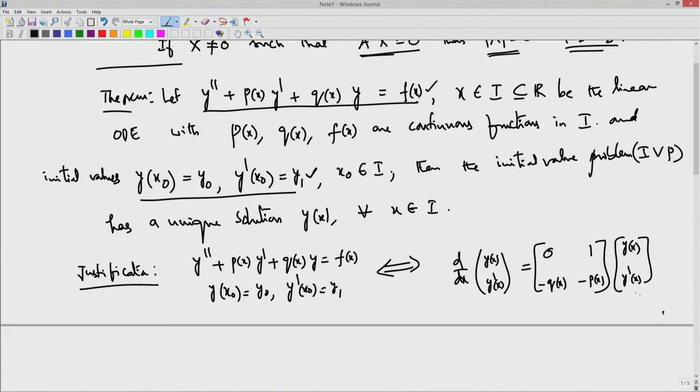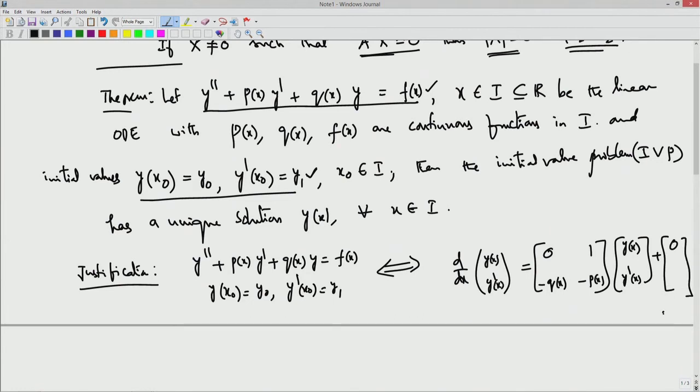If you actually do this multiplication, the first element gives y dash equal to y dash, so the right hand side there should be 0.